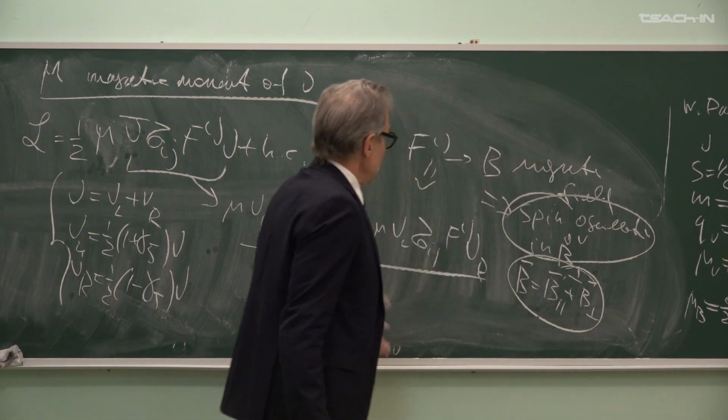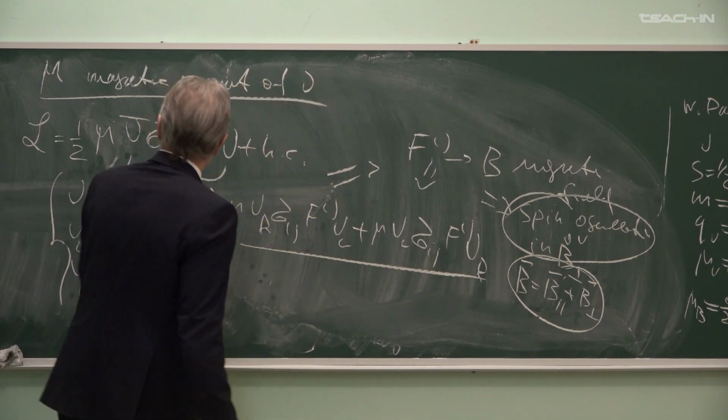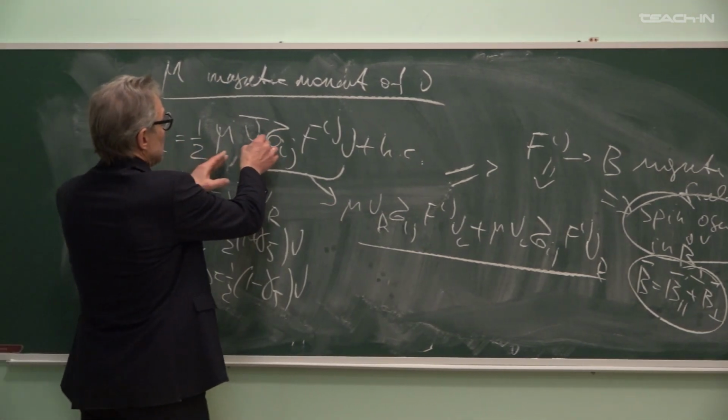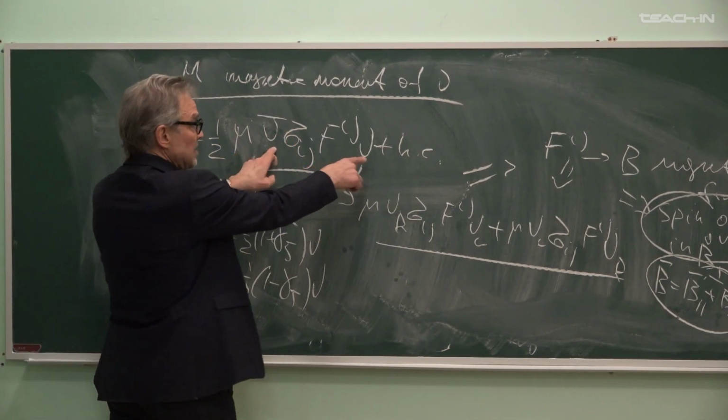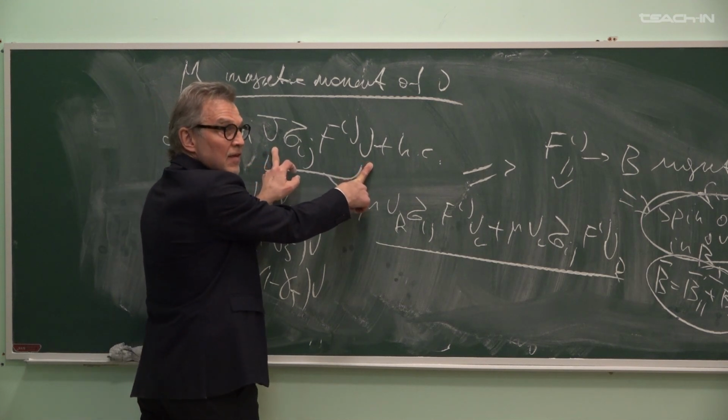Okay. Also, this Lagrangian can be generalized when we consider different types of neutrinos. I didn't mention which kind of neutrinos are here. I just supposed that this is left and right, the same type of neutrino.